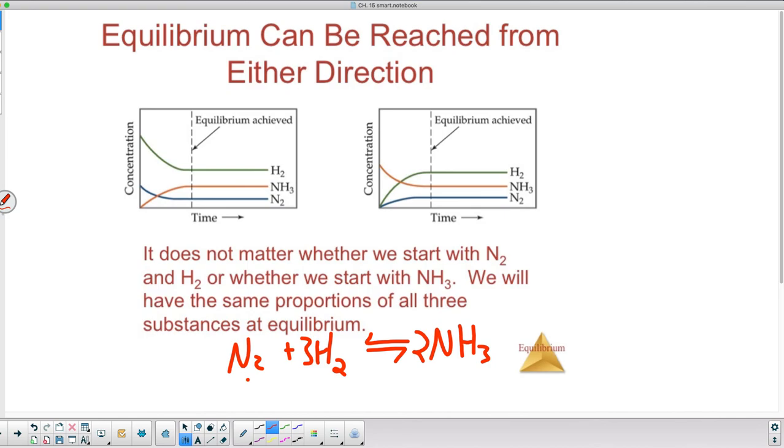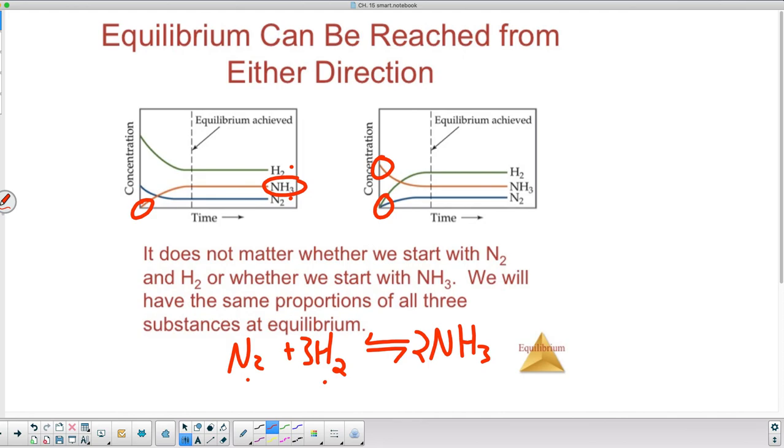Notice that we start with N's and H's. That means we're starting with the actual reactants, here's N's and here's H's, and then this would be the product. But in this case here, we're starting with 0 product. That's what this graph is showing us. Notice here, though, that we're starting with NH3, which is what we would consider to be the product, and started with no reactant.